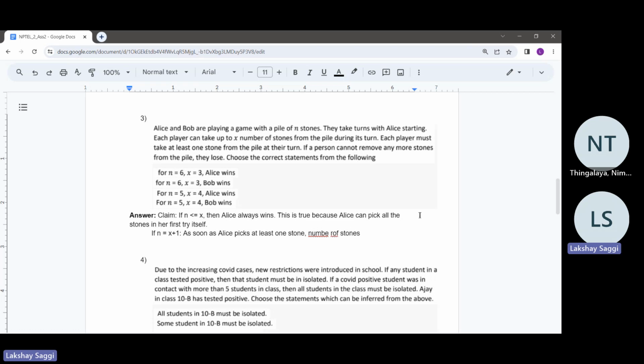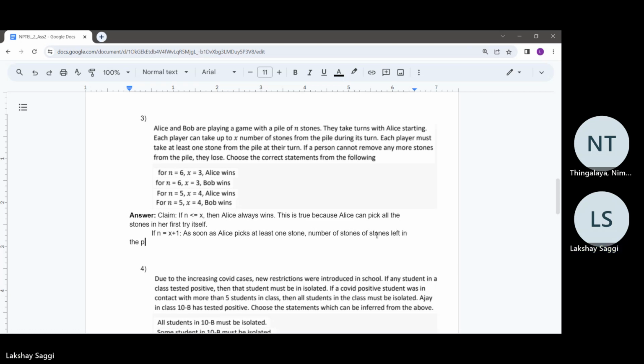So this is sort of the argument. Maybe I'll just write it down so that you can understand what's happening. As soon as Alice picks at least one stone, the number of stones left in the pile will be between 1 and x. Right.